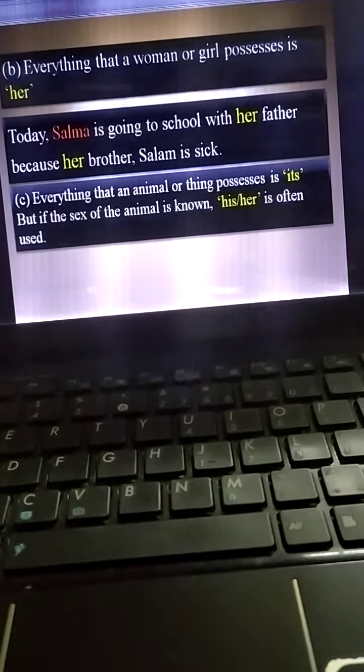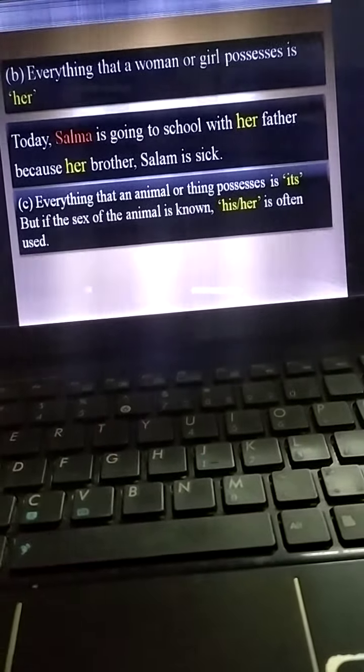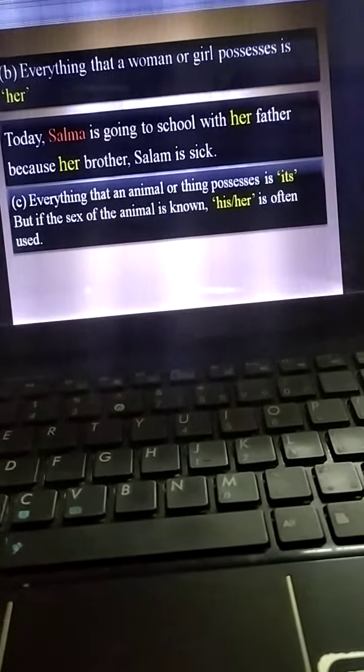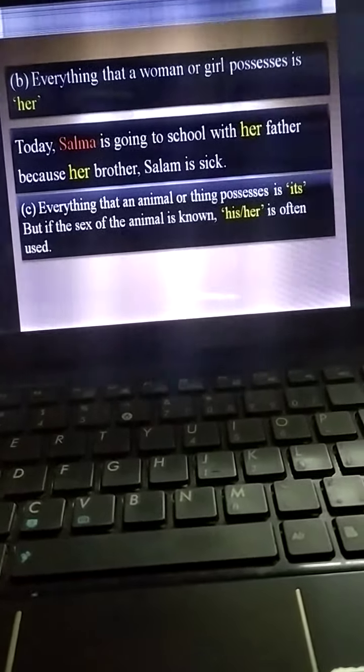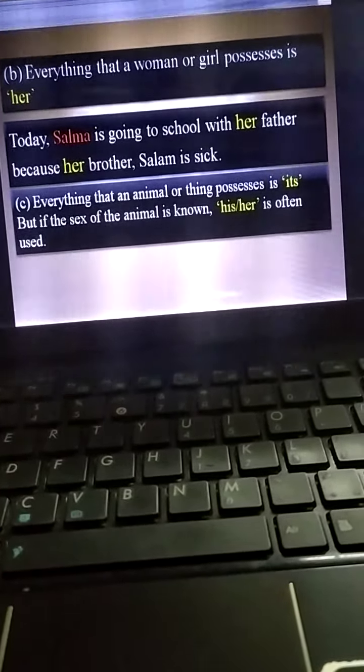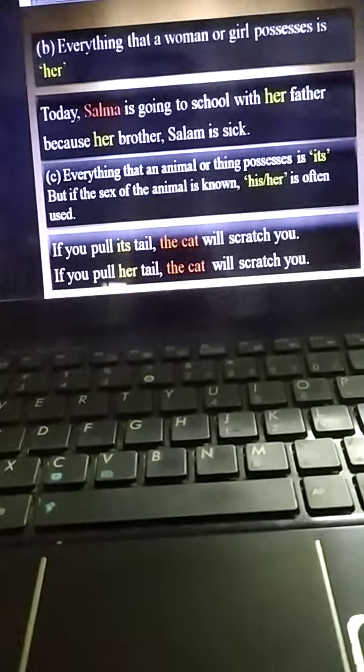But if the sex of the animal is known, if we know whether the animal or thing is male or female, then we can use his or her. Look at the example, then you will be clear.